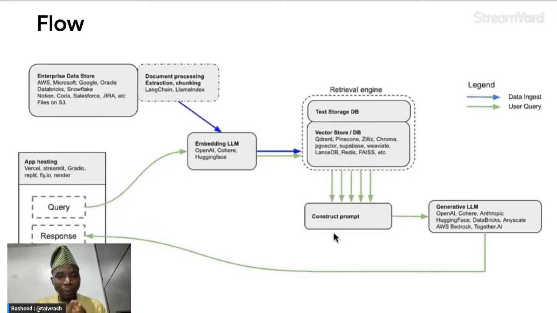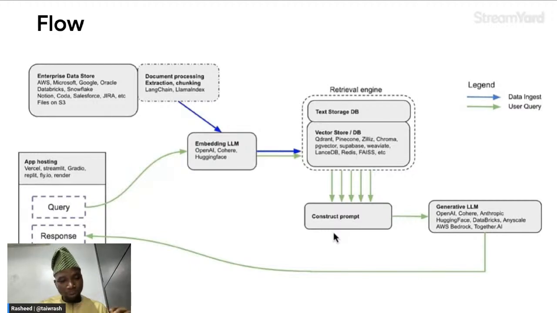Then you convert this data into documents. What we mean by document is that you divide your data into different chunks. Say I want to document "this is Taurash", for instance. We have to convert it into different chunks, word by word.